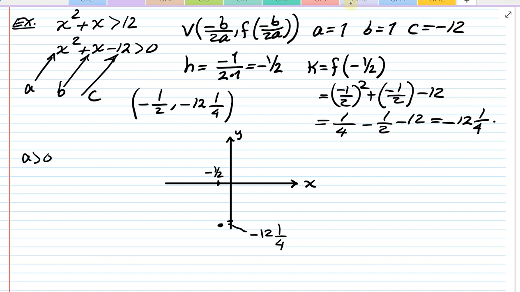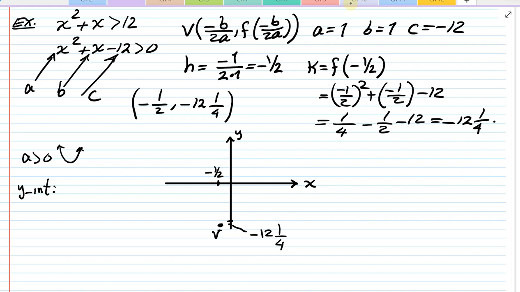the parabola is going to open upwards. So I know it's going to go up from the vertex. Remember, that's the low point, the vertex. And again, because I'm so close to the y-axis, I want to graph it accurately. Let's find the y-intercept. Where is it going to cross the y-axis?